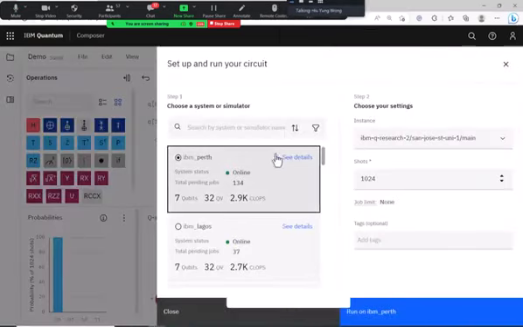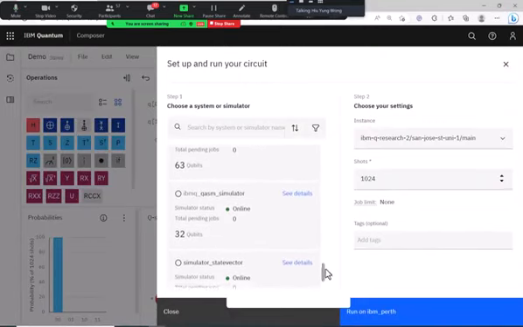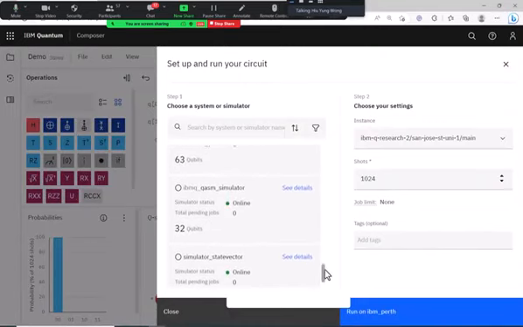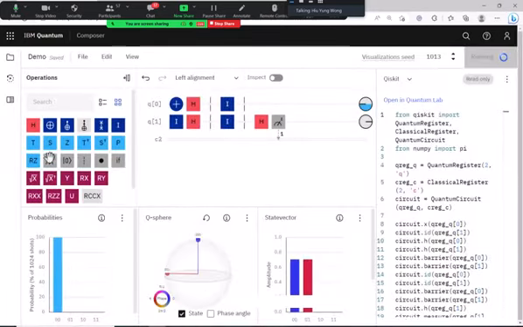Now it does have many real quantum computers, but nowadays it takes a long time. Sometimes 1 or 2 hours, even longer. So I will just submit to a simulator. This is basically just an emulator using a classical computer, right? So I just click on this and then I submit the job.